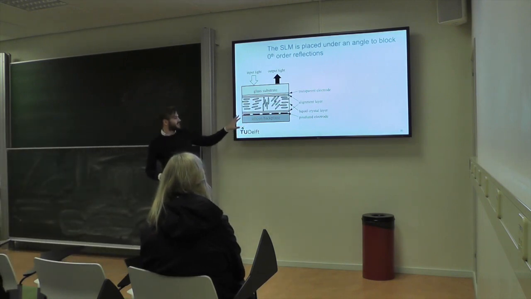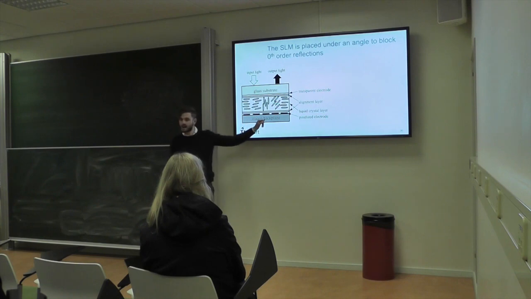So what we see here is a schematic overview of an SLM. An SLM consists of a reflective silicon backplane and electrodes on the top and on the bottom. In the middle are liquid crystals, and liquid crystals can be aligned using a different voltage that you put over those electrodes.